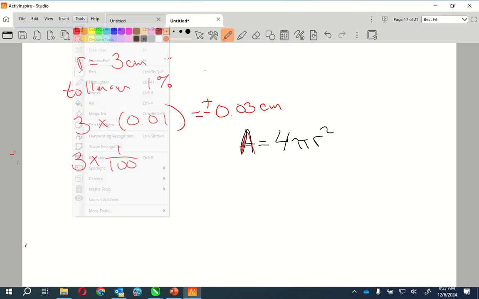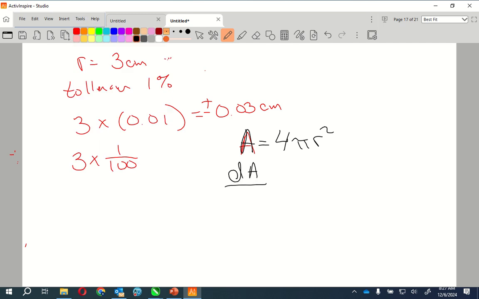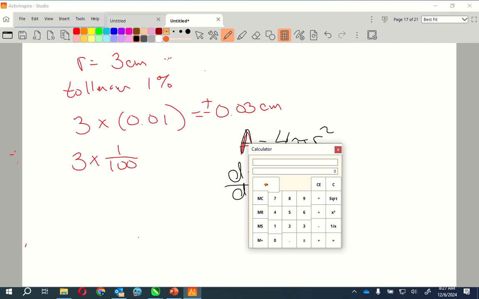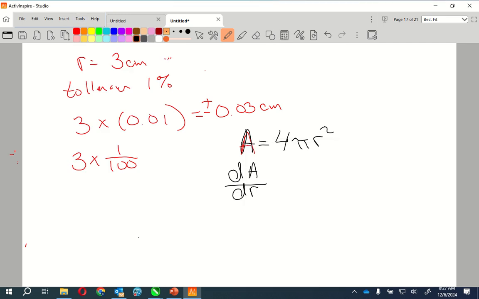So I'm going to take the derivative of that, which is going to be dA dr, because I'm taking the derivative in terms of the r. R is my variable there. Equals, derivative is going to be 8 pi r.